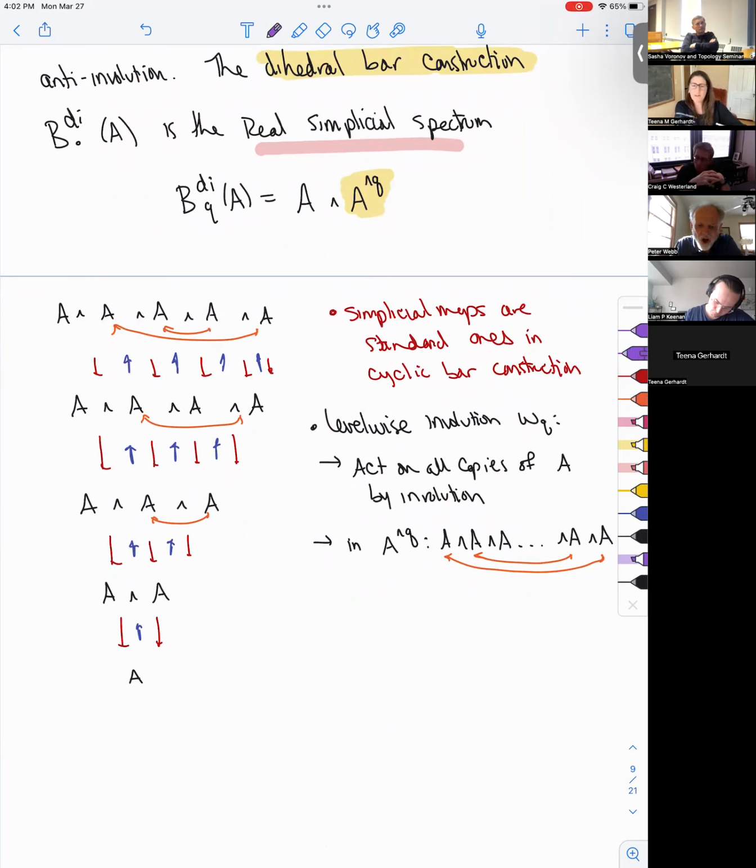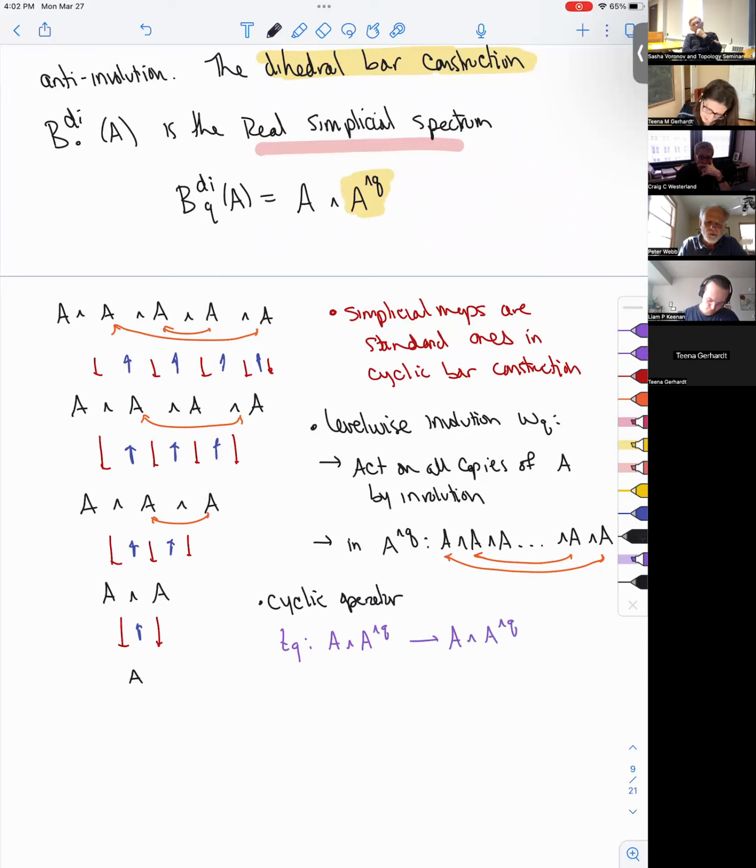And there's one more thing happening here. In the ordinary cyclic bar construction, there was also a cyclic group acting on each level, and we still have that. I can still define the same cyclic operator we had earlier: the cyclic operator T_Q from A smash A^Q to A smash A^Q, the same one, which rotates the last factor to the front.